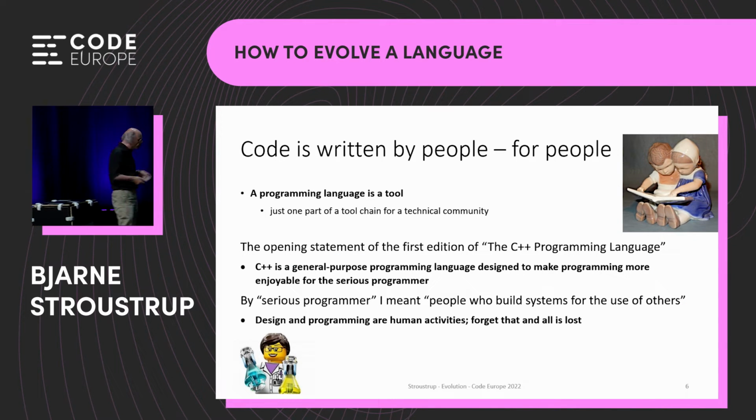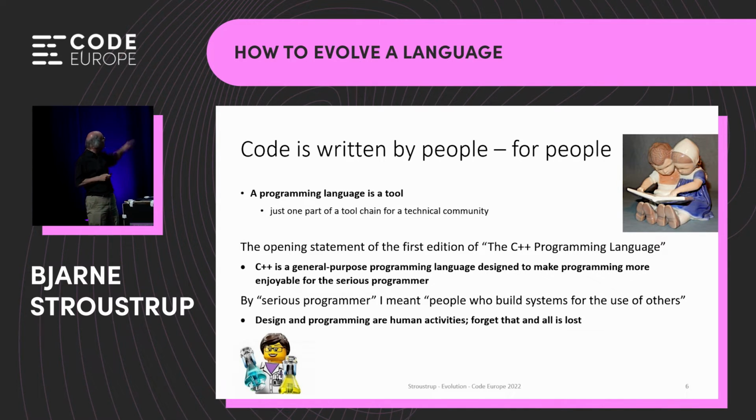So one thing that I keep in mind is that this is not a mathematical exercise. It's also part of mathematical exercise, but it's not fundamentally. It is about people. Code is written by people for people, and when we forget that, we can write very fancy academic papers, but it doesn't actually help that many people directly.